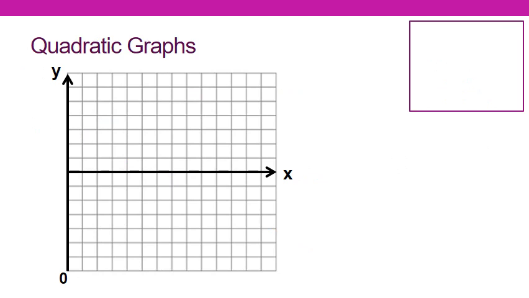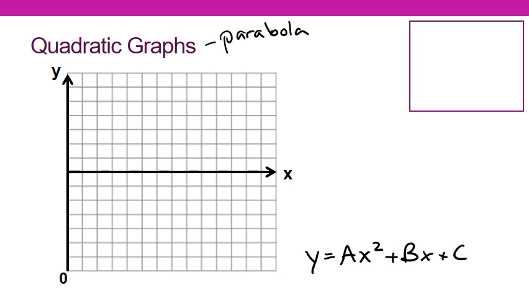The last type of graph we want to talk about is the quadratic graph, and this is also known as a parabola. That's the shape it makes. This graph has the form y equals ax squared plus bx plus c, where a, b, and c are all constants.